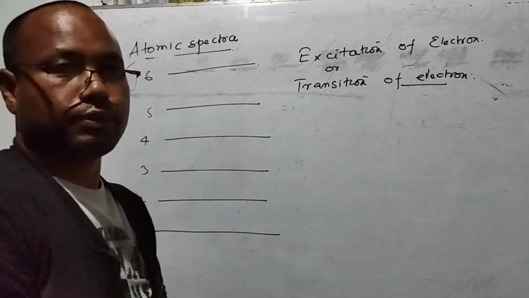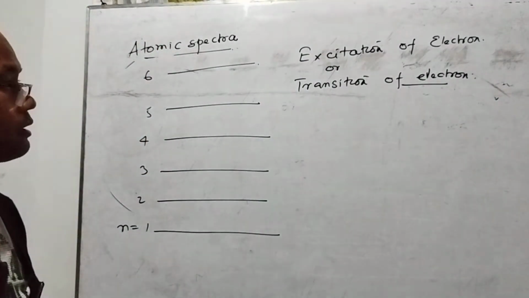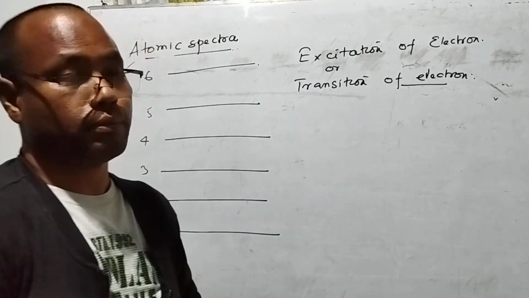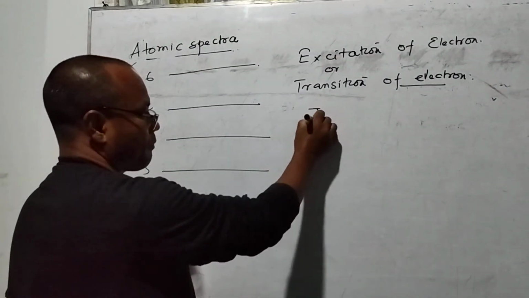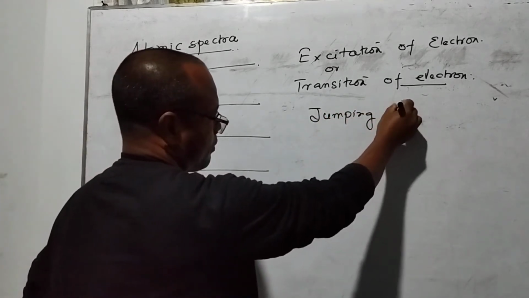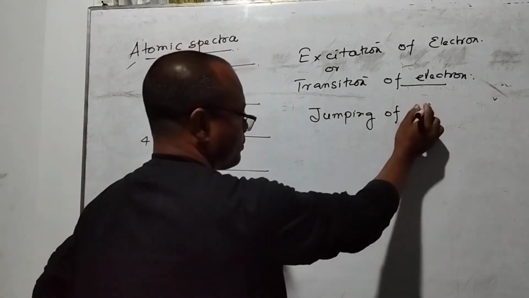So there are two different phenomena. Excitation of electron means the jumping of electron.